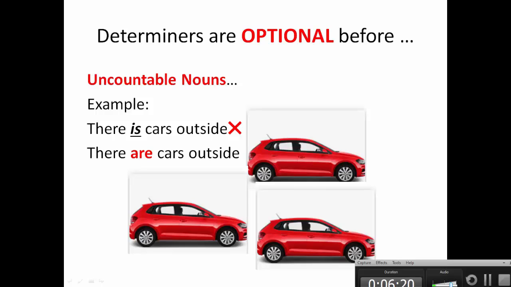If cars is plural, is would be incorrect. There are cars outside.